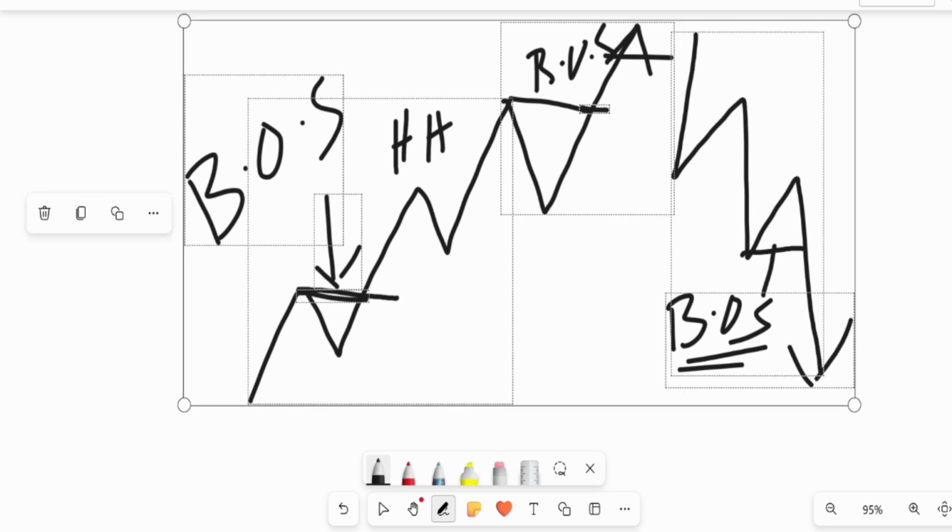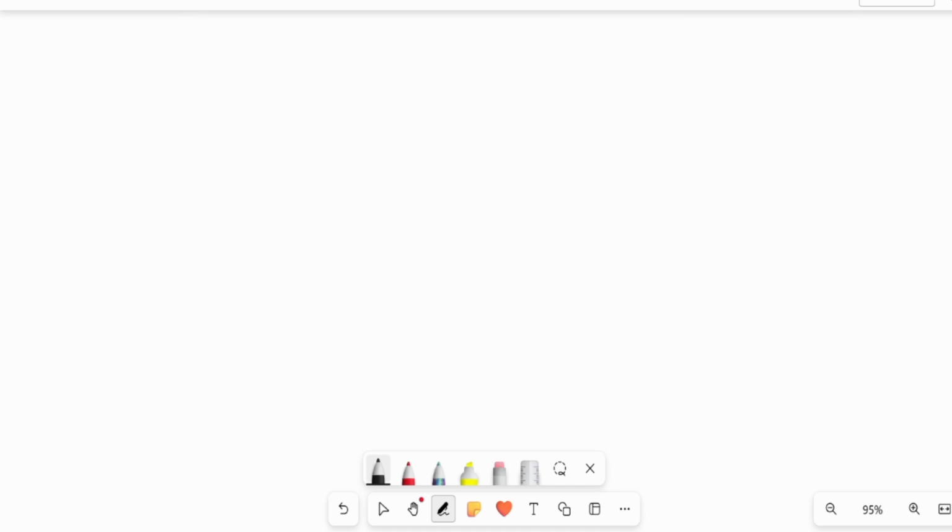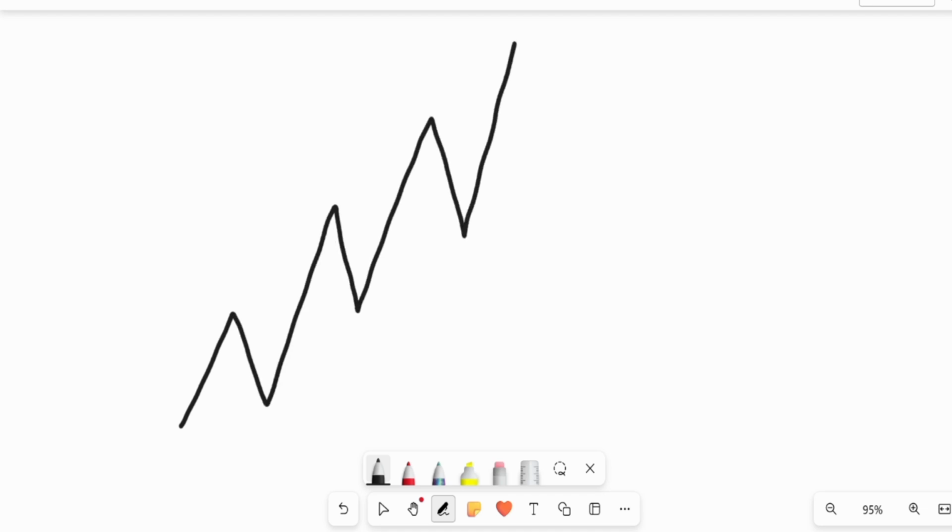The third thing to note is to mark the demand zone that caused the break of structure. Let me delete this. In an uptrend market, I want us to mark the demand zone that led to the break of structure. Now this is the recent break of structure. We mark the demand zone.